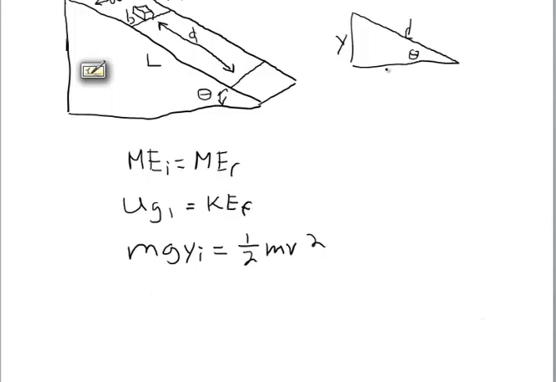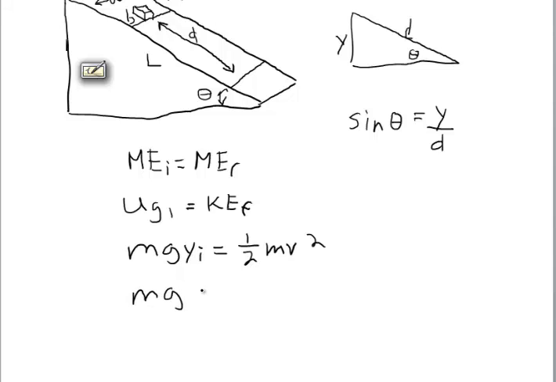If you look at this triangle, right triangle, which is taking the side view of this incline, we could say that the sine of theta is y divided by d. So therefore y, the height, is d sine theta. So I'm going to substitute that in for y here.